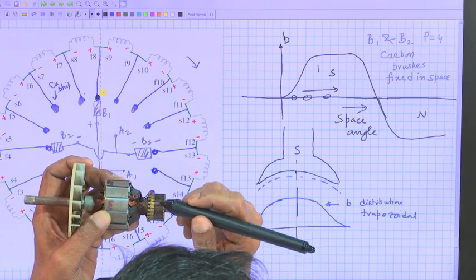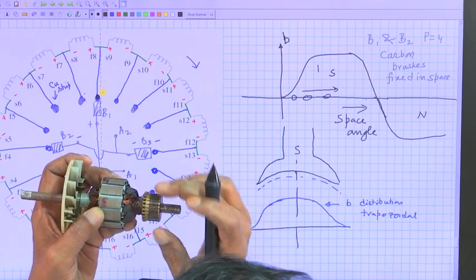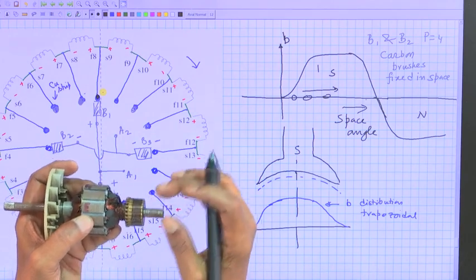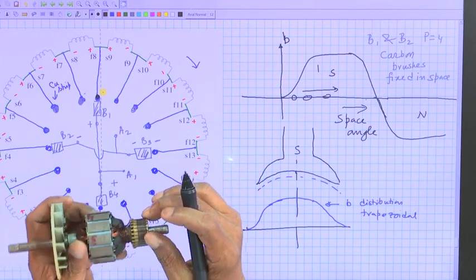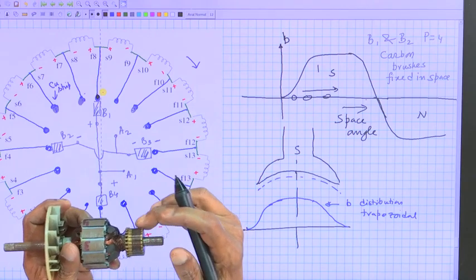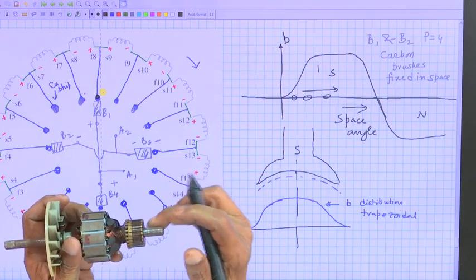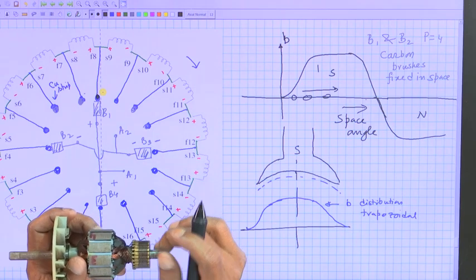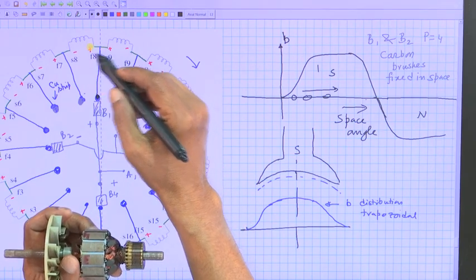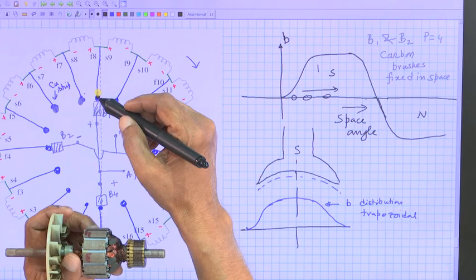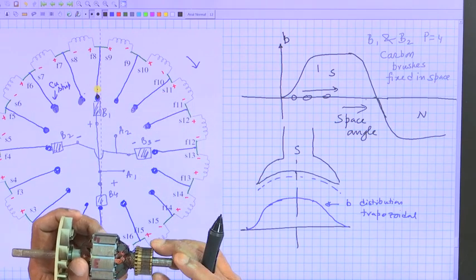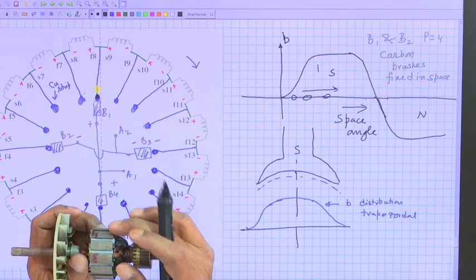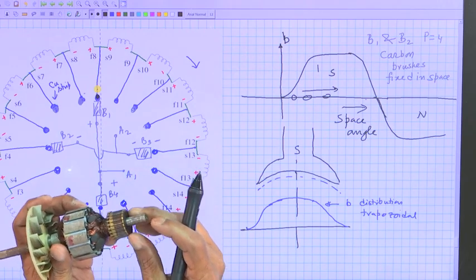Therefore, the number of commutator segments will be a replica of the number of slots, if they are equal in number. We will consider the simplest case, because in each commutator segment two ends of two different coils will be joined. Therefore, the number of commutator segments has to be equal to the number of slots present in the machine.